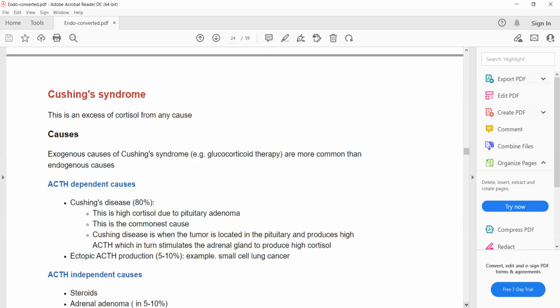and sometimes ectopic ACTH production can also occur in diseases such as small cell lung cancer.